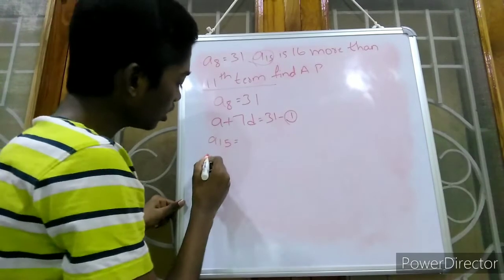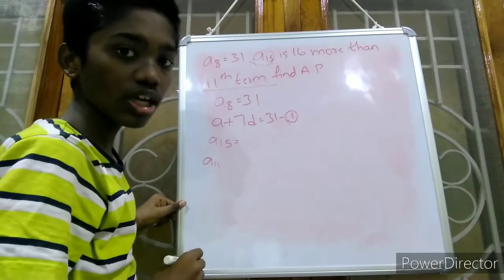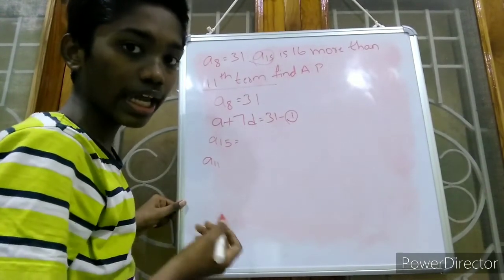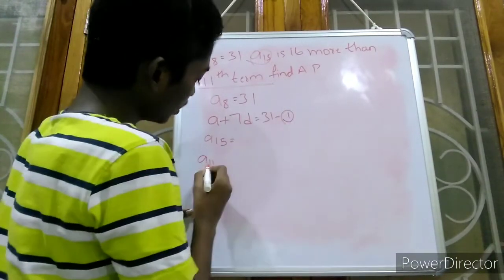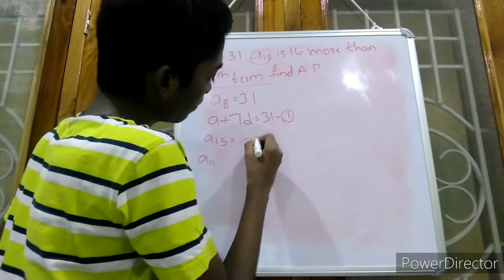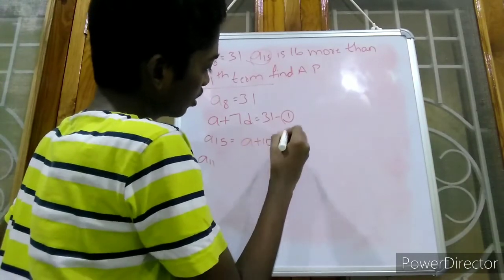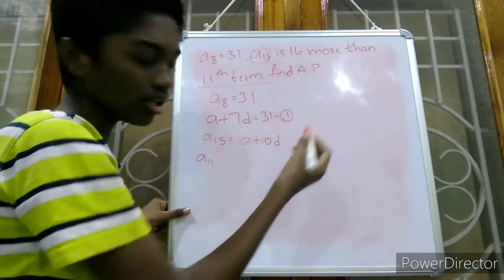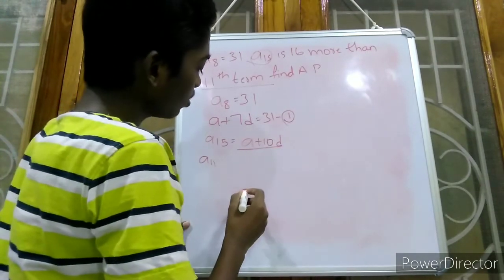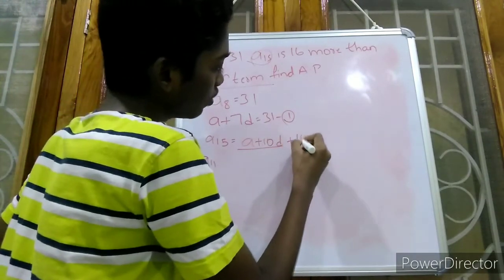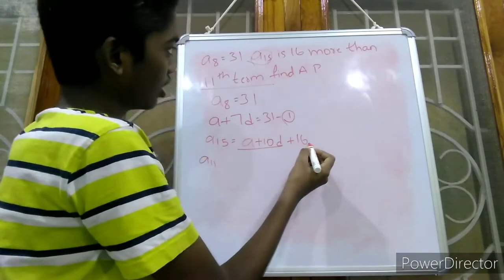The 11th term is nothing but A11. So A11 can be written as A plus 10D. It is 16 more than this 11th term, and 16 more than means plus 16.